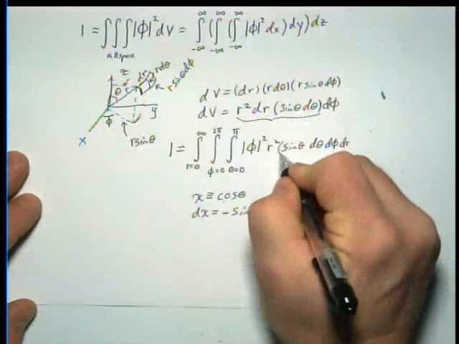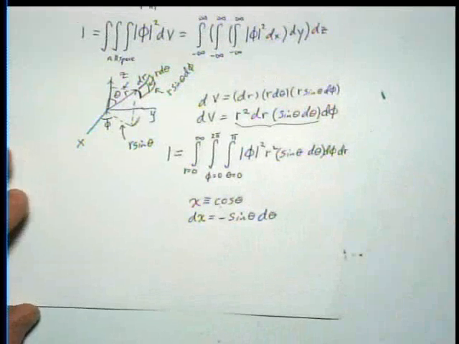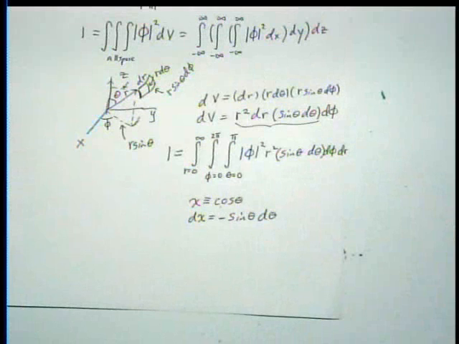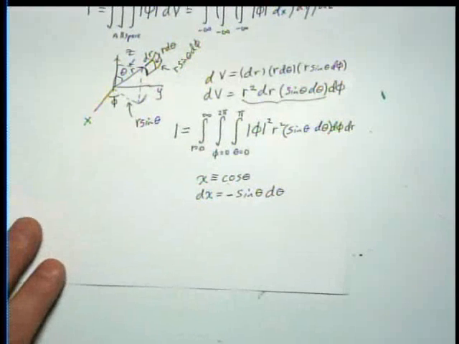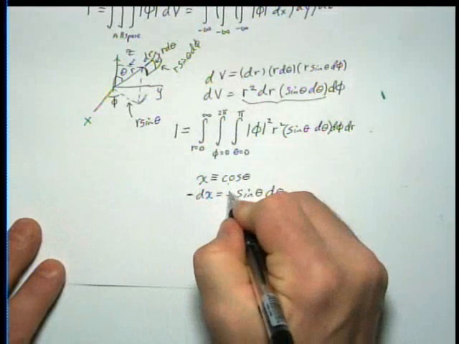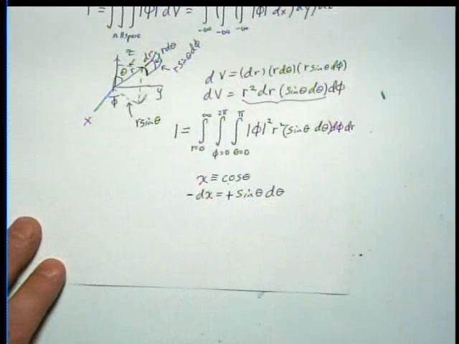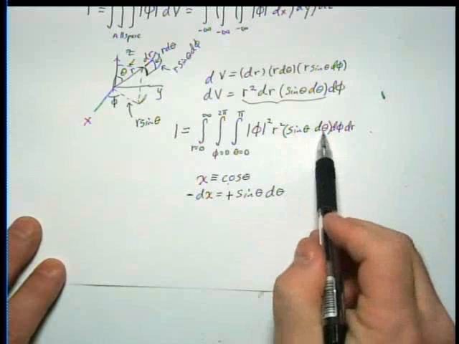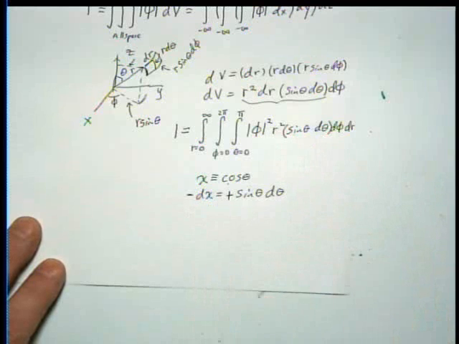Okay, that almost looks like that whole thing there. I'll just put a minus sign here, make that a plus. And now I can get rid of this with a new variable dx.